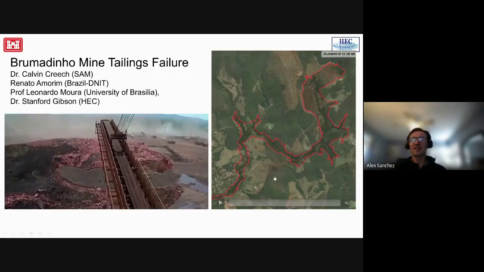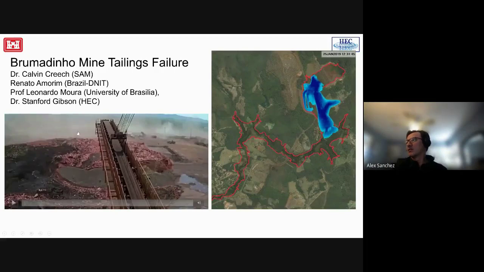And this is the HEC-RAS result. The red line and the polygon represent the flood extents of the debris flow. And I'm going to show an animation comparing RAS results.